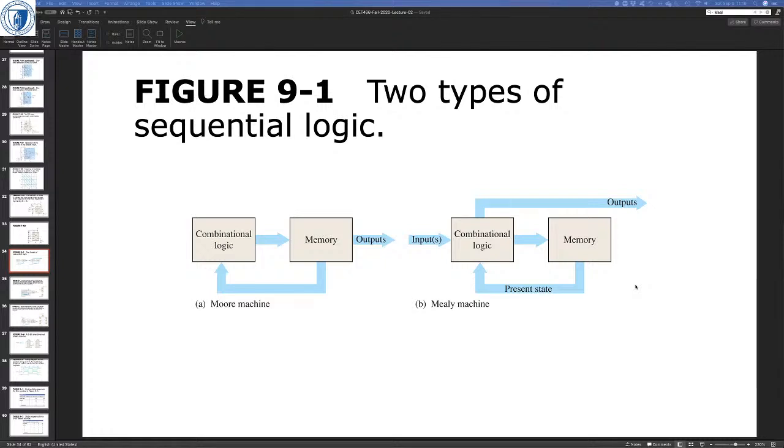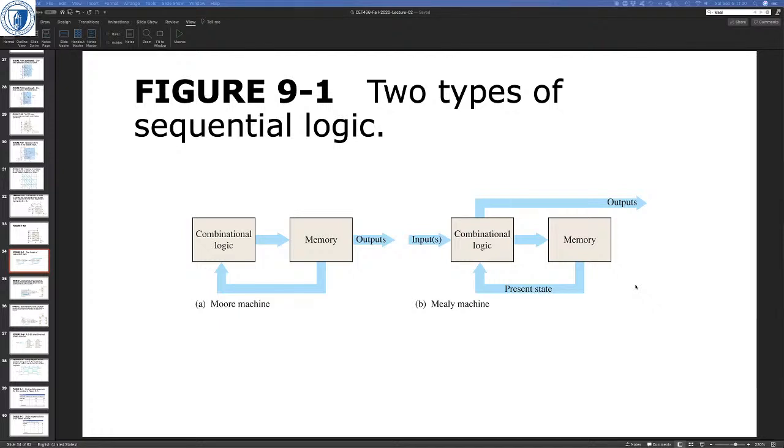There's two ways to think about this, and the people who thought about it early are who it's named after, Moore and Mealy. The two components in both cases: one component is the combinational logic, that's the AND gates and OR gates and NOT gates and what have you that is used to make the system. The other piece is the memory.